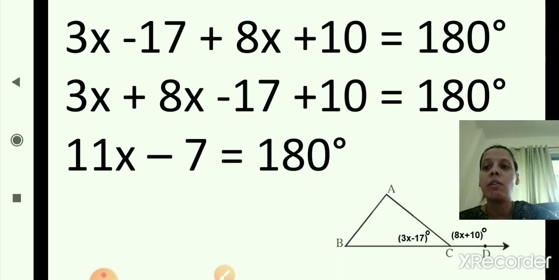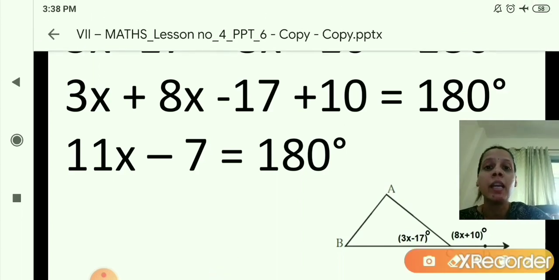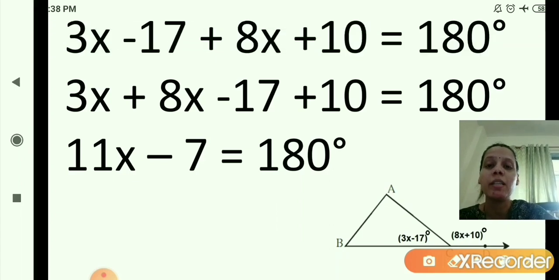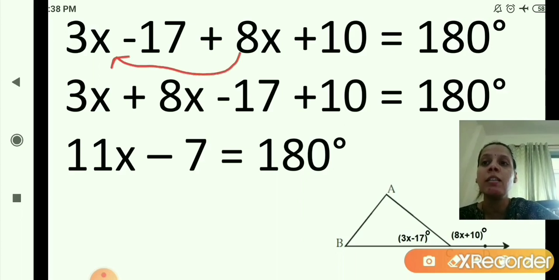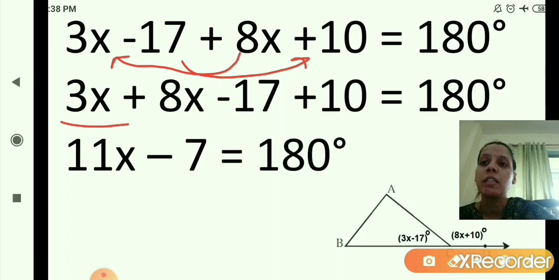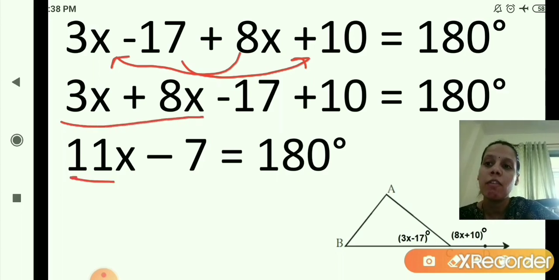Now we will write down 3x and 8x together and minus 17 and plus 10 together, correct? So this 8x with this sign will come here, 3x plus 8x, and minus 17 we will write down with plus 10. So this is the next step, 3x plus 8x, what is the answer? 11x, correct, and minus 17 plus 10, minus plus minus.